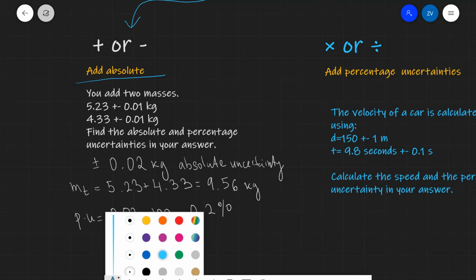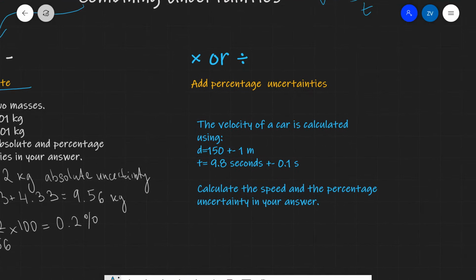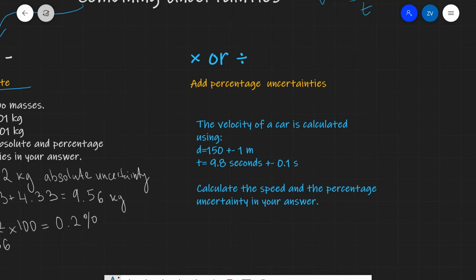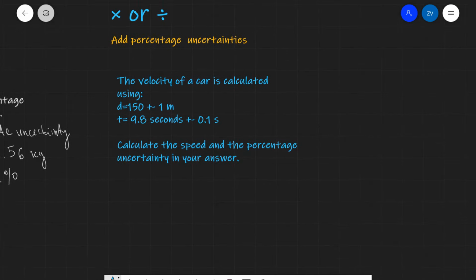On the other hand, if we were calculating our answer by multiplying or by dividing, then what we must do is add the percentage uncertainties. So let's have a look at this example. The velocity of a car is calculated using the following data.